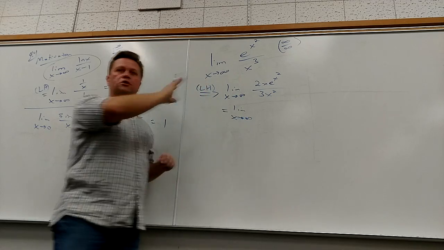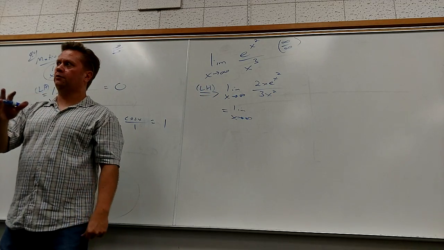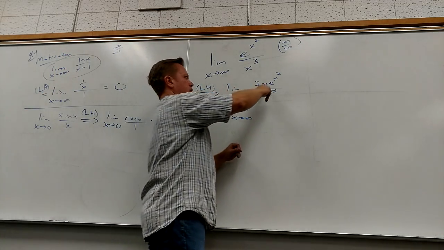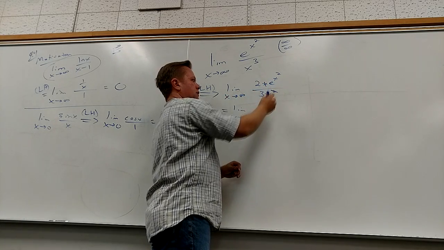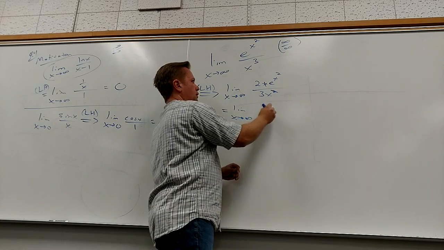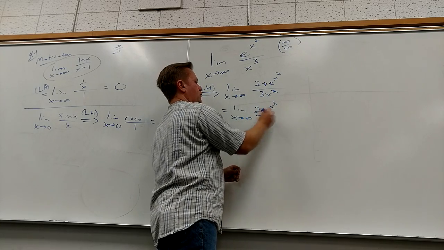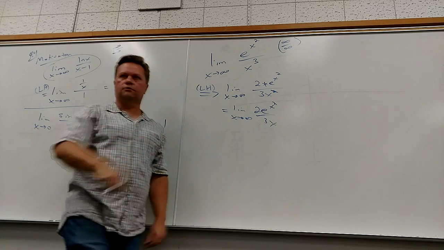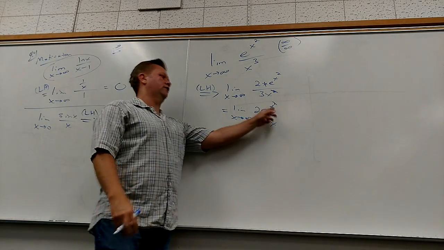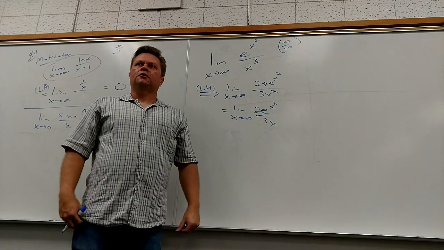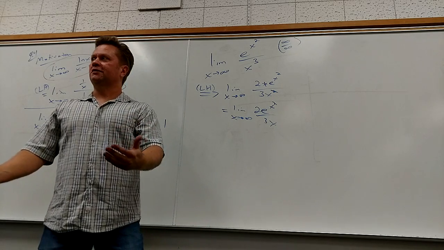This isn't L'Hopital's or anything. This is just simplifying what I'm looking at. The x cancels. Is that cool? So I get 2 e to the x squared over 3x. Is that determinate yet? No, when you plug in infinity, it's infinity over infinity. Can I use L'Hopital's? Yes.